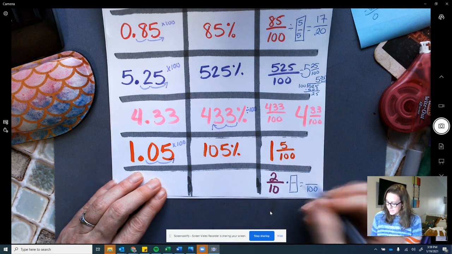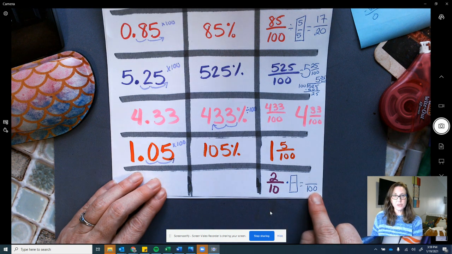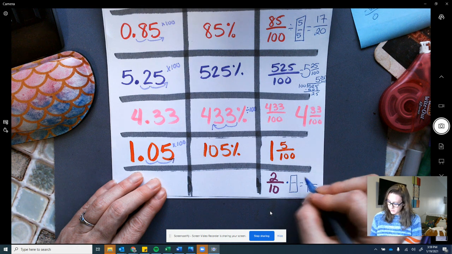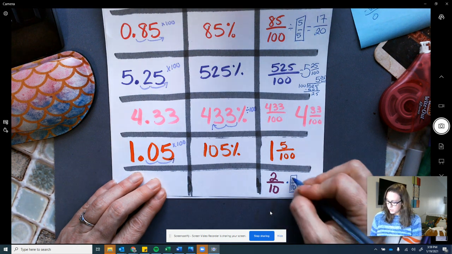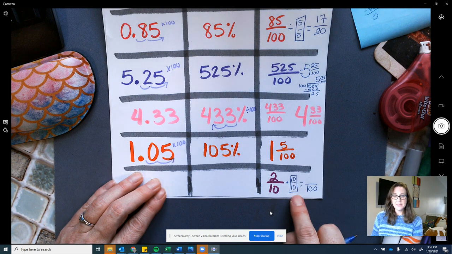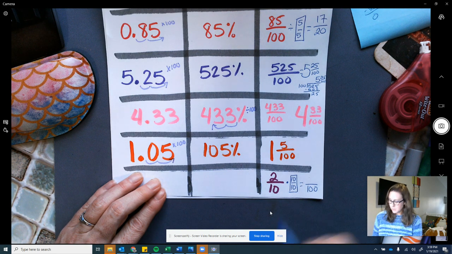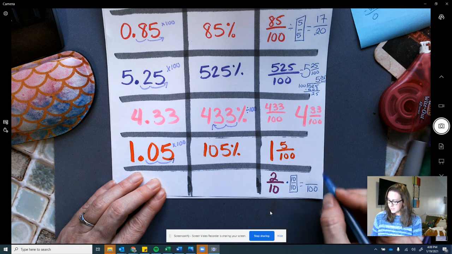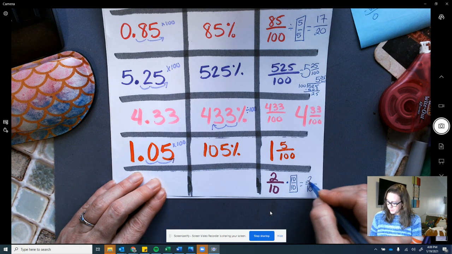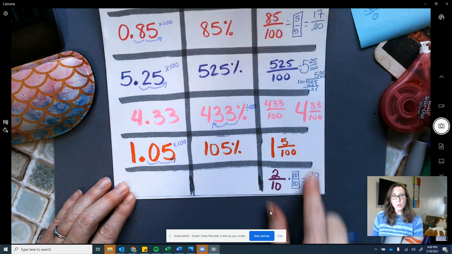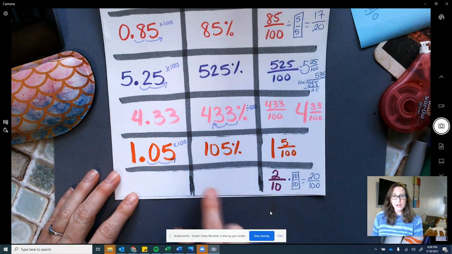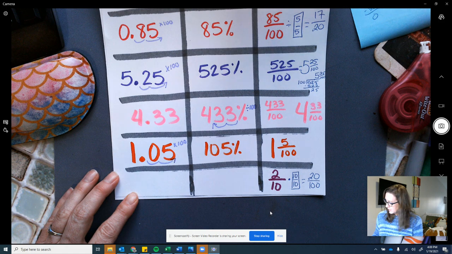What do we multiply 10 by to get 100? We multiply 10 times 10 equals 100. So our giant 1 becomes 10 tenths, and our numerator becomes 2 times 10 is 20. 20 100ths.